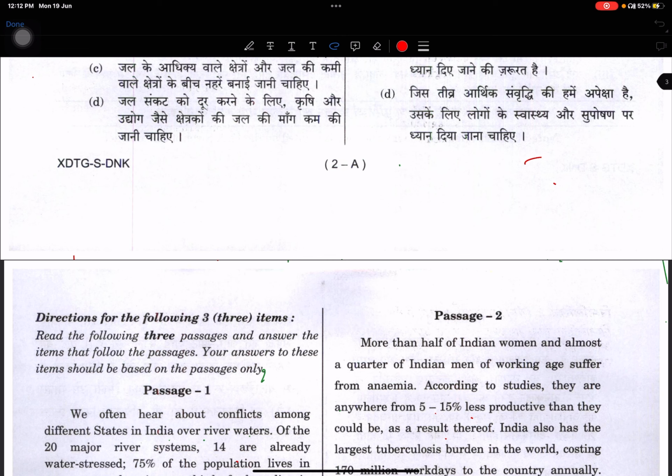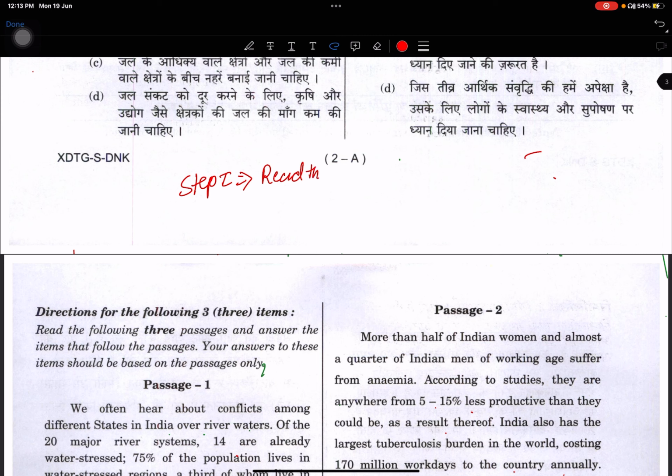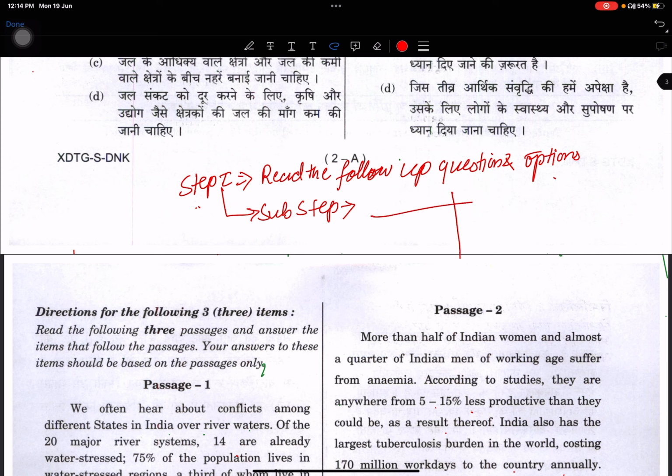What do we do in Step 1? Read the follow-up question and options of the passage. In Step 2, there is a sub-step of this: we will classify the options into 2 criteria.